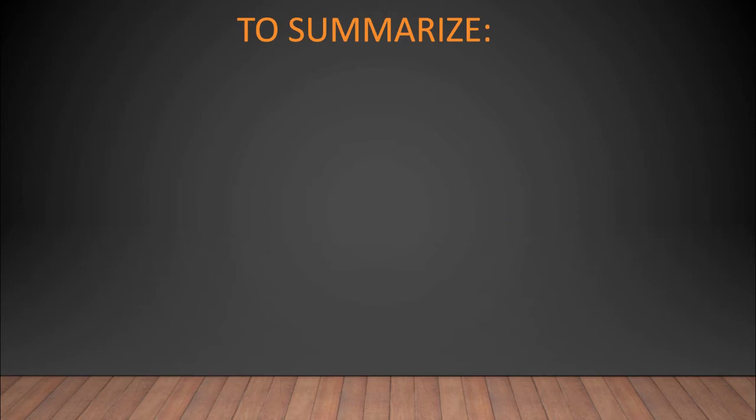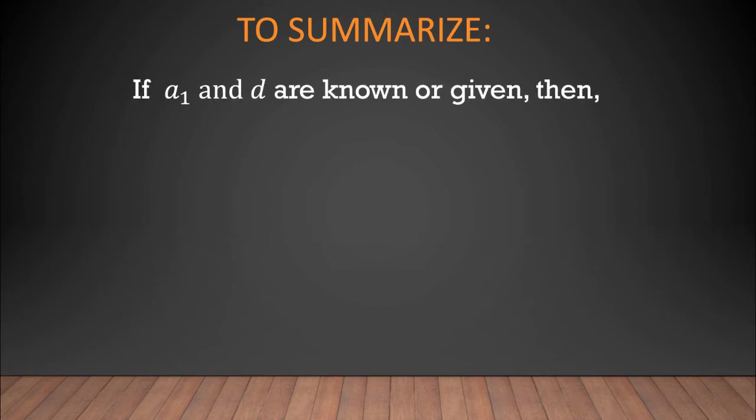Now, to summarize, if a sub 1, the first term, and d, the common difference, are known or given, then a sub 2 will be equal to a sub 1 plus d. A sub 3 will be equal to a sub 1 plus 2d.